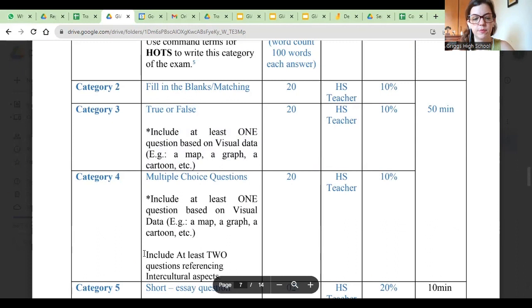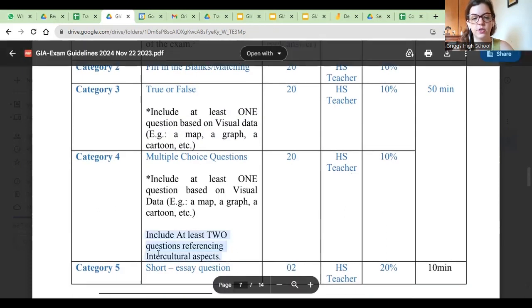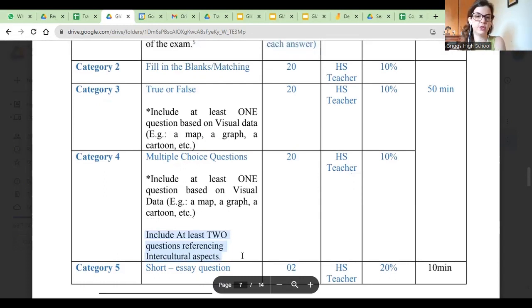And for multiple choice, include at least 2 questions referencing intercultural aspects. That is mentioning something about Brazil, about your own country, or about another country, comparing the US and different countries.